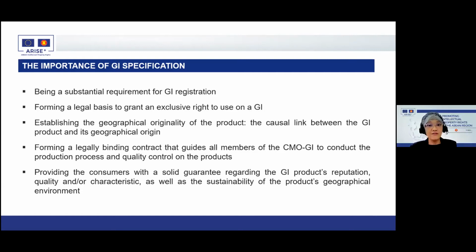They don't have any worry to spend more money to buy that coffee, because the consumers believe that GI protected products have a certain quality, a premium quality, never rejected or low quality. Okay, so that's the importance of the specification: to give the consumers a solid guarantee about the quality and characteristics of the product.